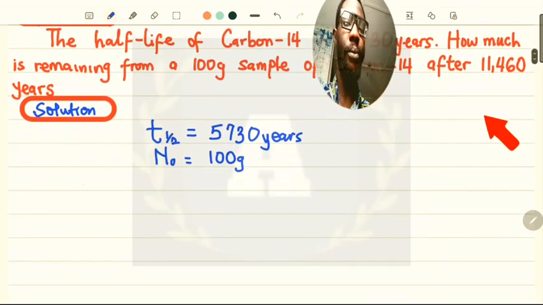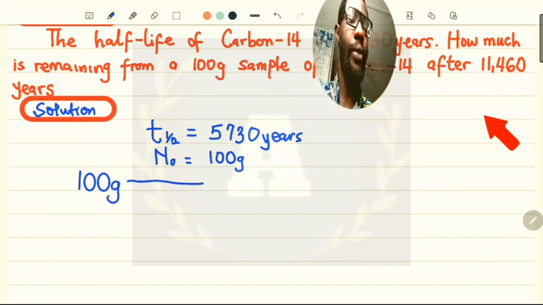We can easily write this by saying the initial mass, which is 100 gram, reduces to half its initial value after this half-life, which is 5,730 years.